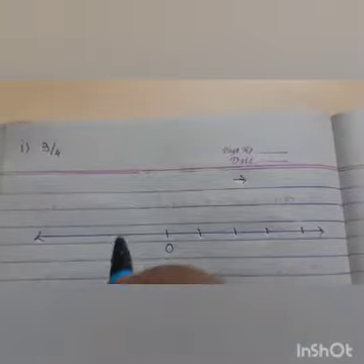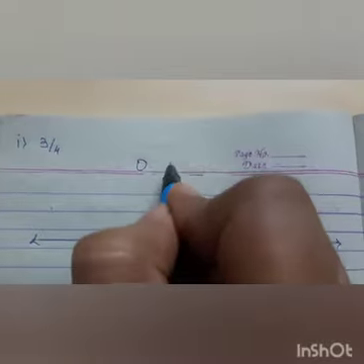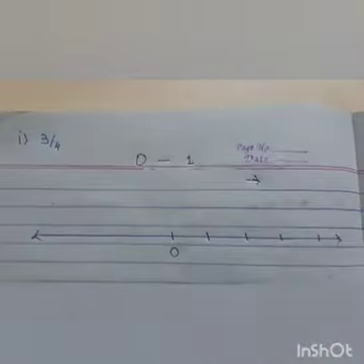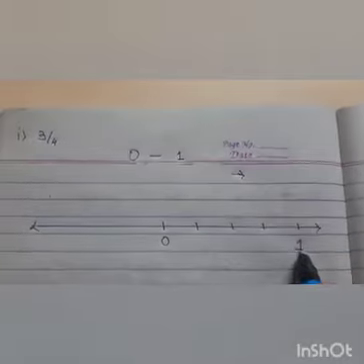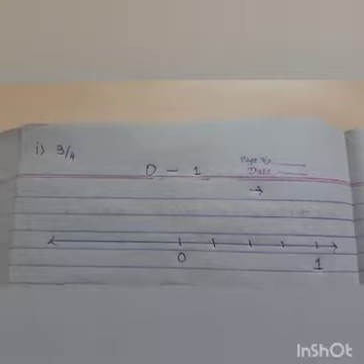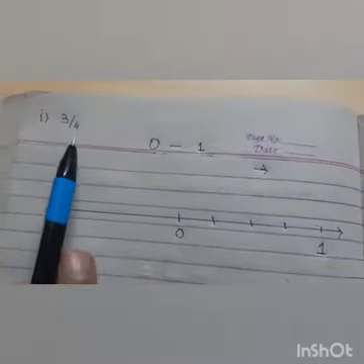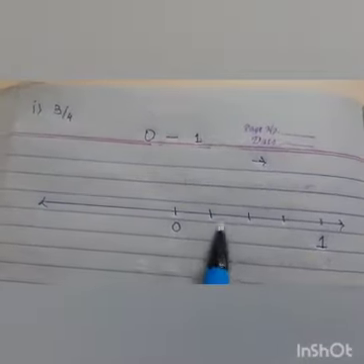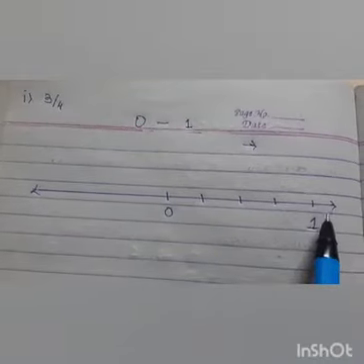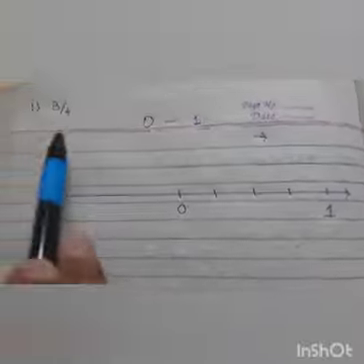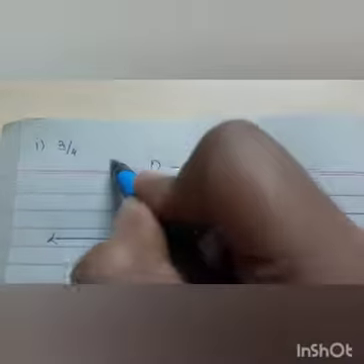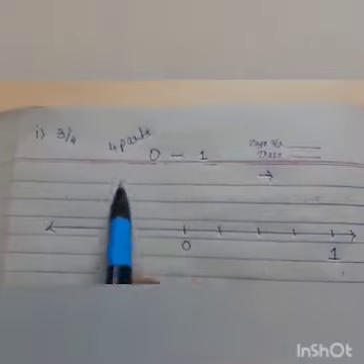Now what I told you, a positive proper fraction will always lie between 0 to 1. So this is 0 and this will be 1. Now you must be thinking that I just told you to divide it into 4 equal parts, so 1, 2, 3, 4, so 1 should come after this, but no. Here what you need to understand is, I am saying divide it into 4 parts.